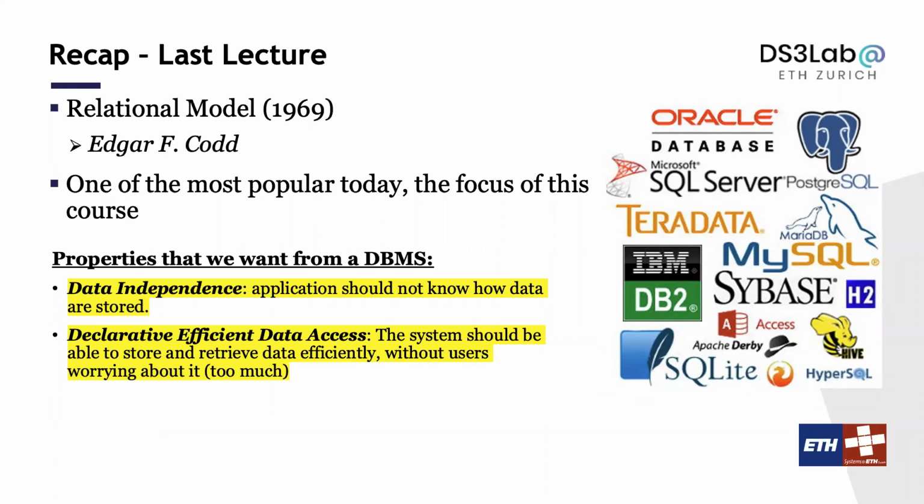The second property that we want is to enable declarative, efficient data access. When you have a query to ask your database, there may be different ways that this query can be implemented physically. For example, you want to get information from two tables. You can get information from the first table and then the second one, or from the second one and then the first one. There are many different ways to implement the same query.